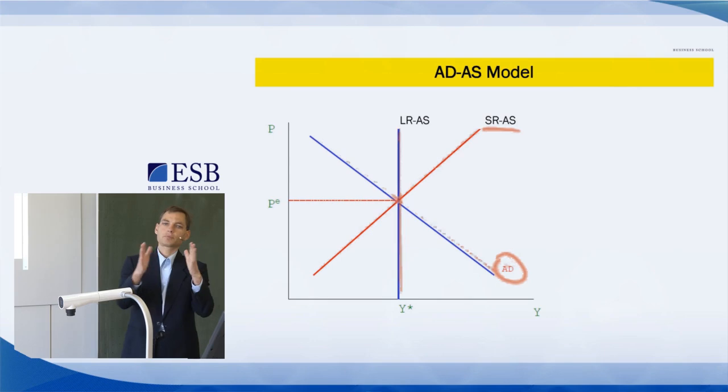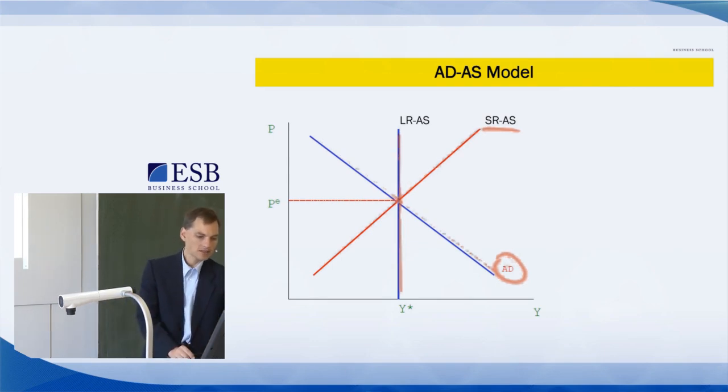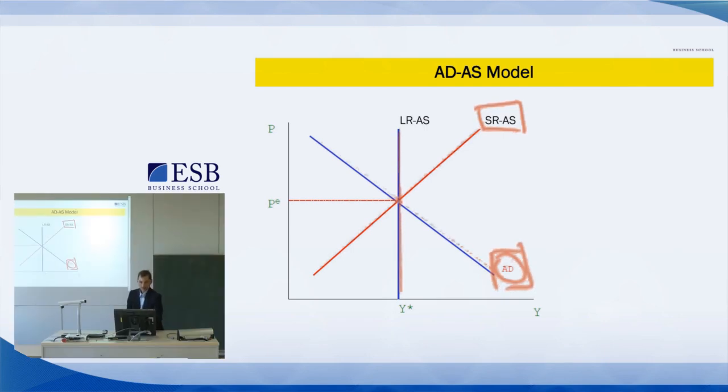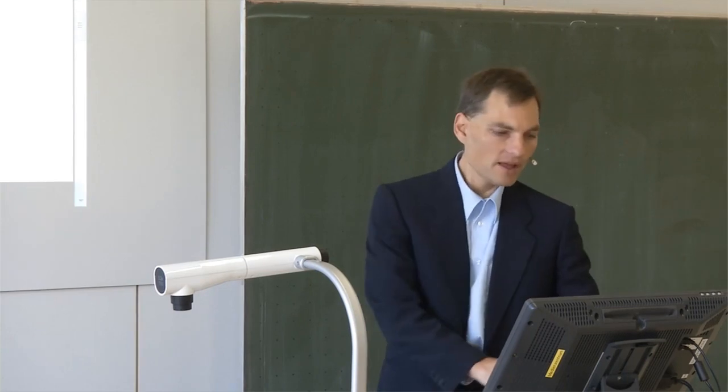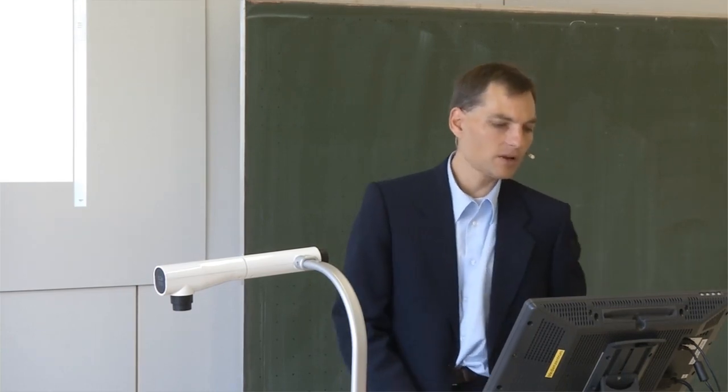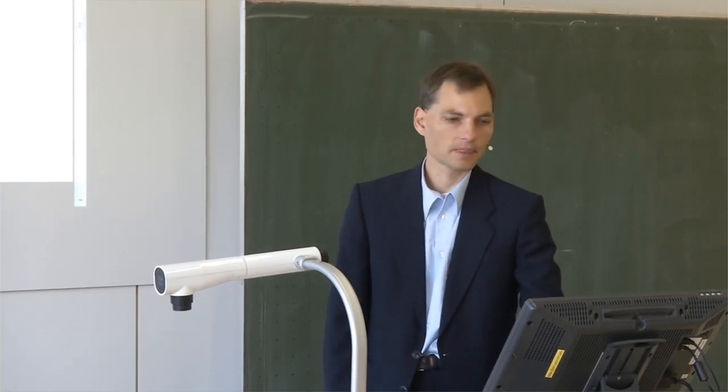And that brings together aggregate supply and aggregate demand. And the intersection of supply and demand gives me my equilibrium. In this equilibrium, obviously, we find output, GDP in equilibrium, and we find the so-called equilibrium price P.